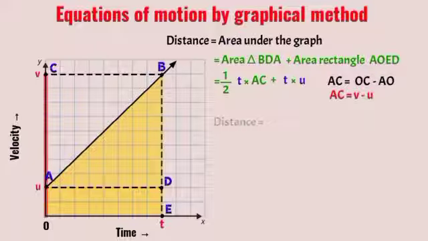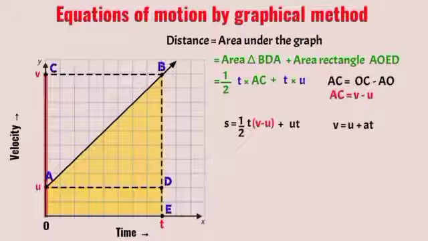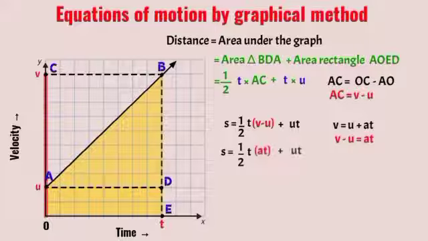We know that V is equal to U plus AT. If we rearrange this equation, we get V minus U is equal to AT. If we substitute this value of V minus U in the above equation, we will get S is equal to half into T into AT plus UT.